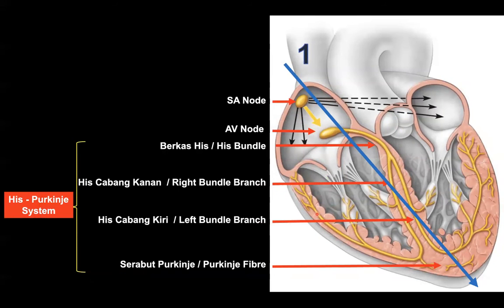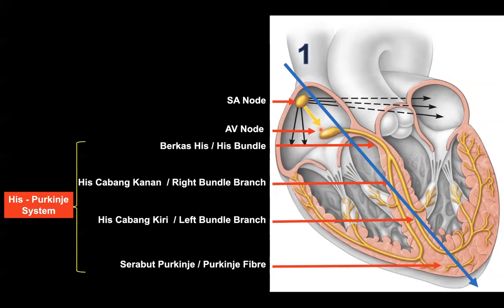If we talk about the direction of the electricity, this will become the first clue of the ECG. Well, anyway, I will repeat my explanation. The SA node, or sinoatrial node, will produce electricity and then spread it evenly to the right atrium and then left atrium through Bachmann's bundle.